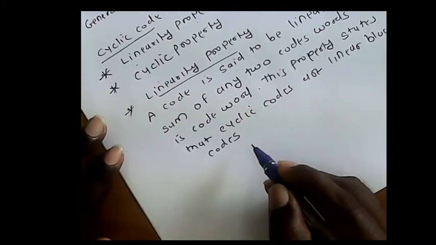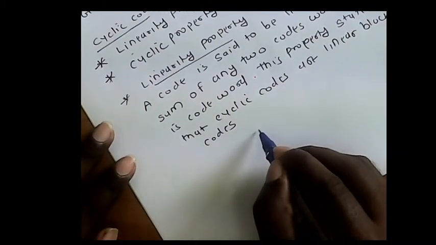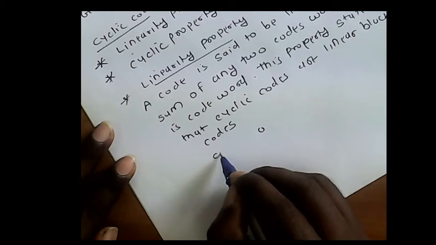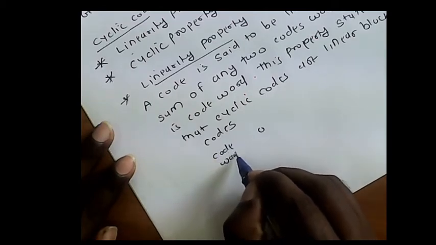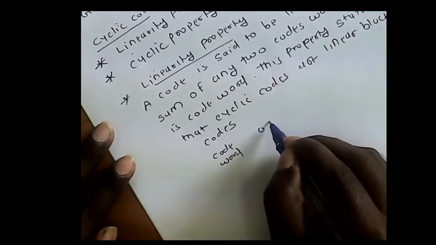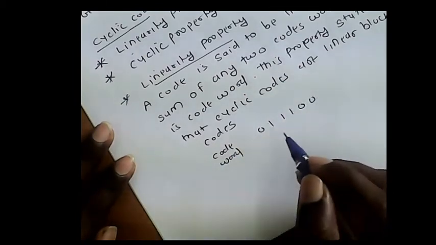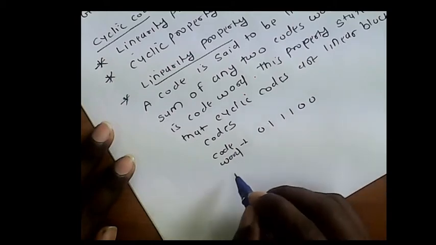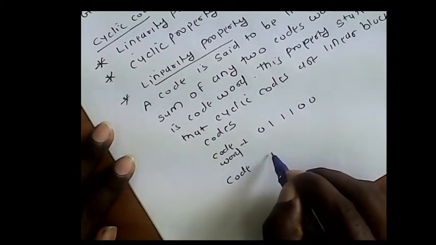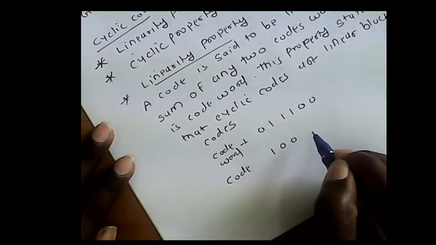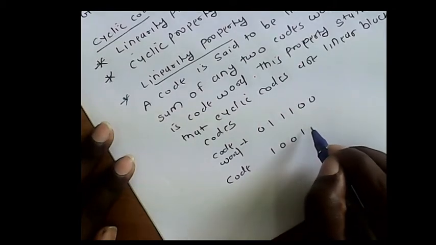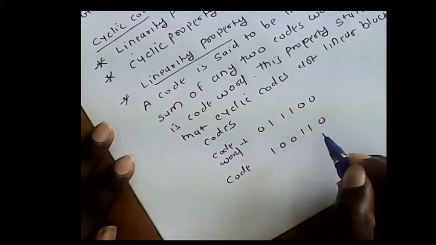For example, if we take these two code words, the first code word is 1, 0, 1, 1, 0, 0, and the second code word is 1, 0, 0, 1, 1, 0.